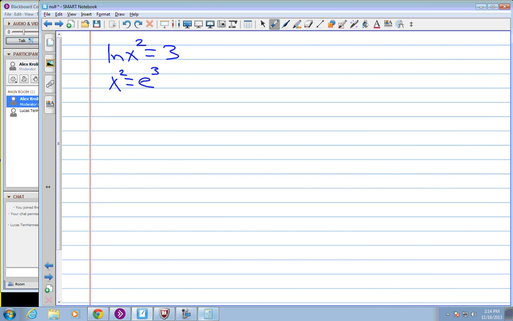Right. But if you take the square root, x is plus or minus e to the 3/2. If you bring the 2 down first, you will lose the negative solution.